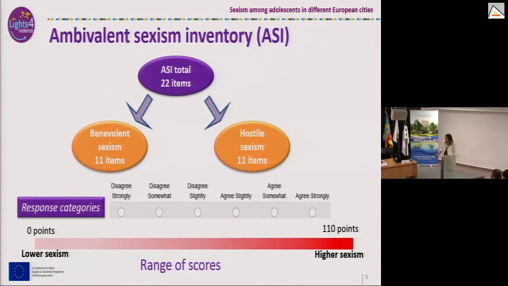The range of the scores on the scale is from 0 to 110 points. Greater levels of the scale indicate higher levels of sexism.